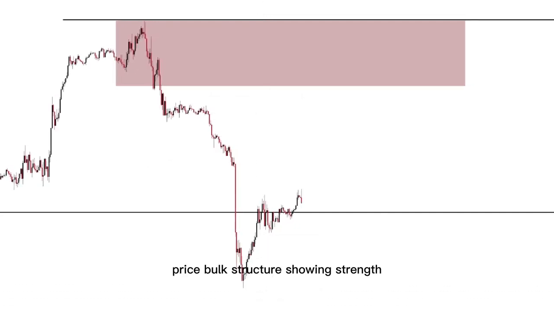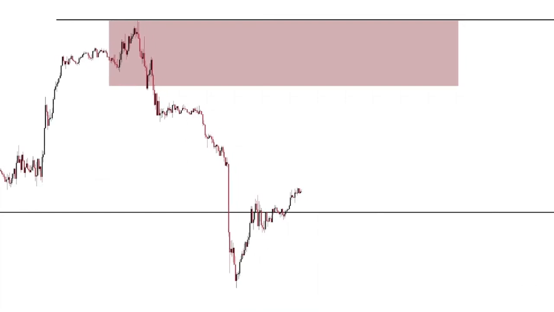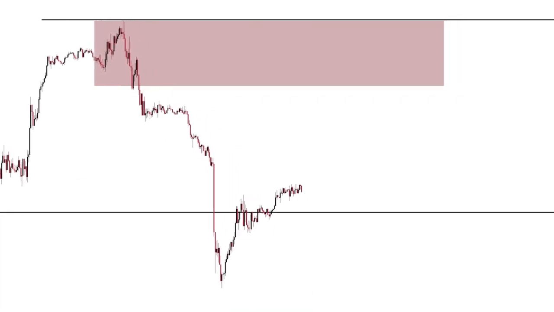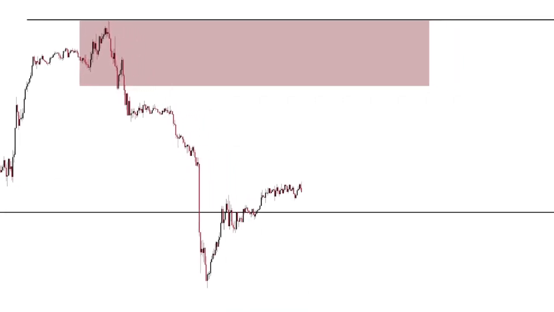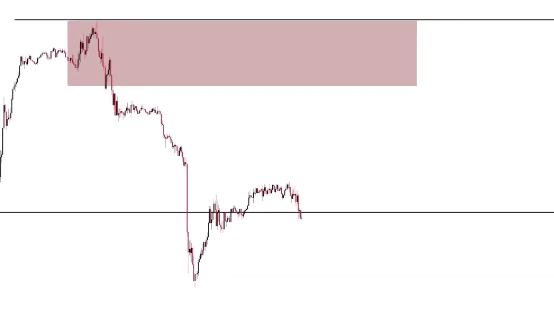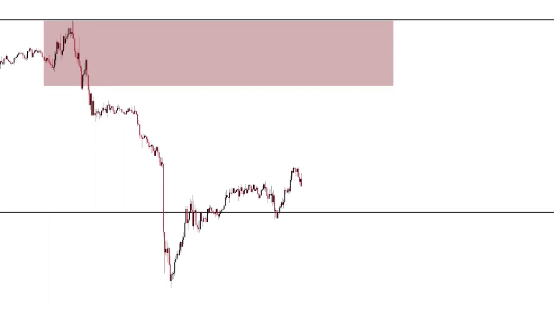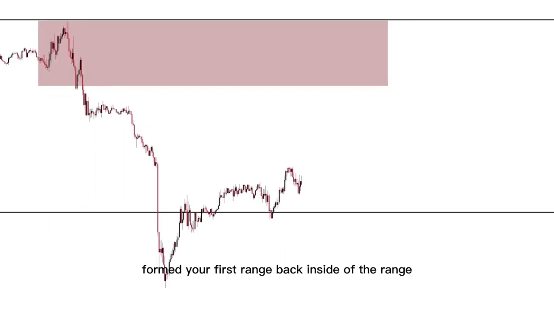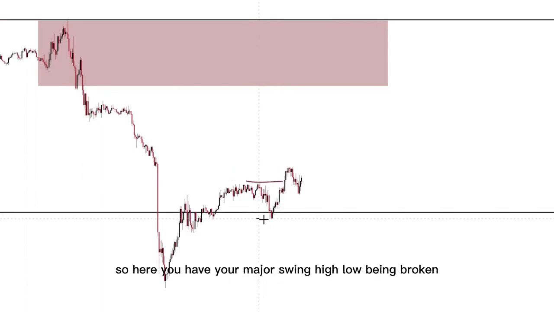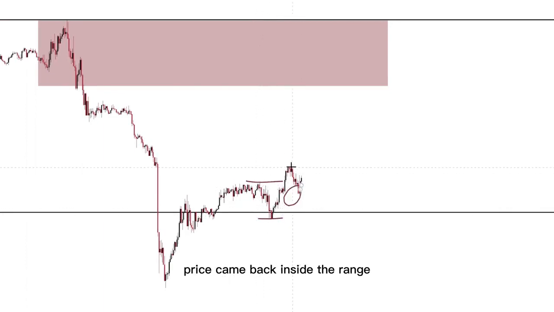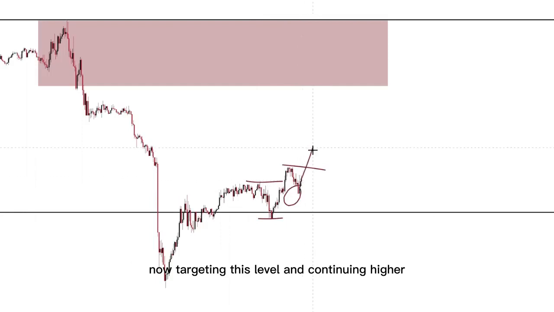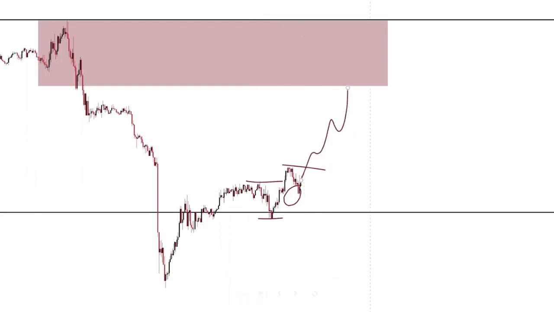Price broke structure, showing strength. Formed your first range, back inside of the range. So here you have your major swing high and low being broken. Price came back inside the range, now targeting this level and continuing higher.